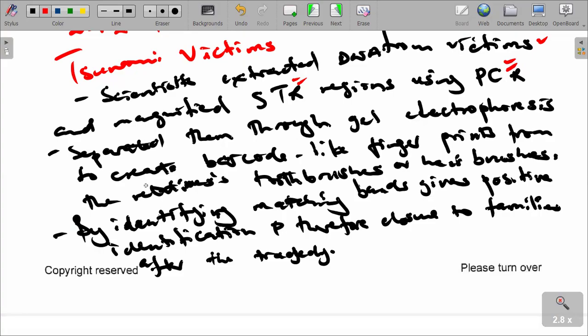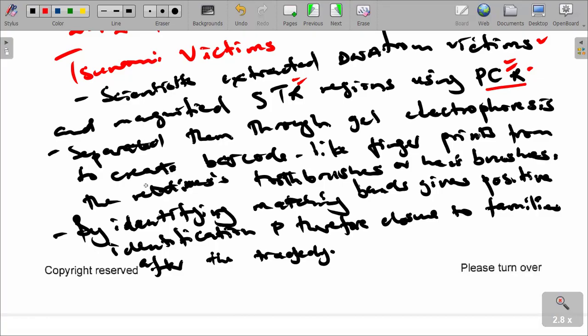Because we are using a laboratory technique that amplifies specific regions of DNA, we can identify those degraded or small samples.